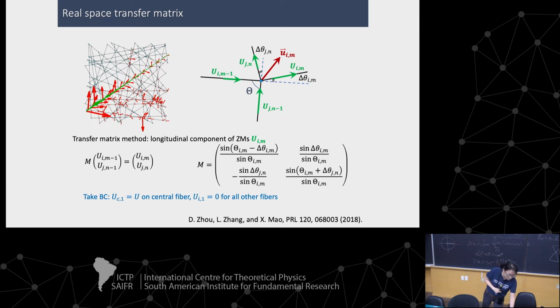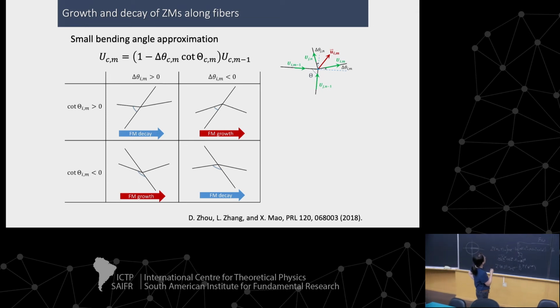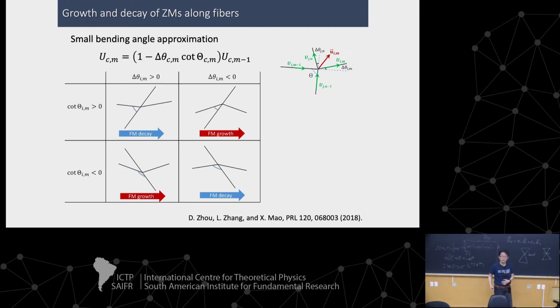But if it's not straight, you can do it perturbatively. You can get a decay factor that depends on how much you bend the fibers at the crossing points. And in particular, there are simple geometries you can map out. Like if I ask how the mode propagates along this fiber, when it bends in this way, and in this way, the mode decays from left to right. And in the opposite case, it grows, okay?